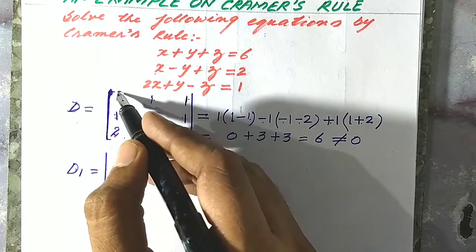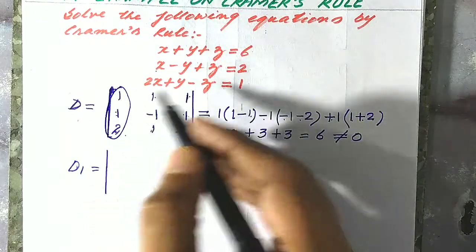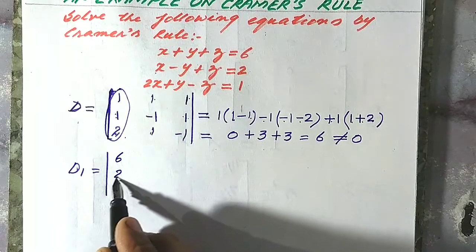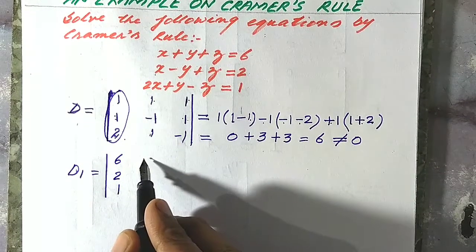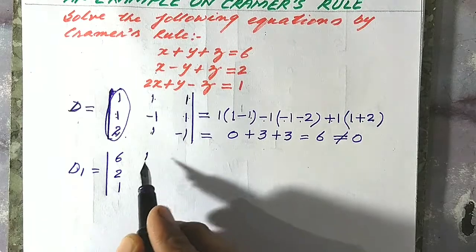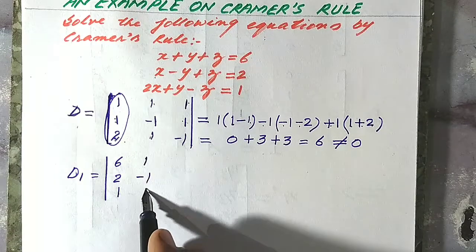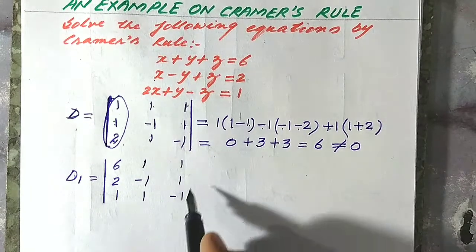So this column is replaced by these 3. So we have 6, 2, 1, and the rest of the columns as these are. So 1, minus 1, 1, 1, 1, minus 1.